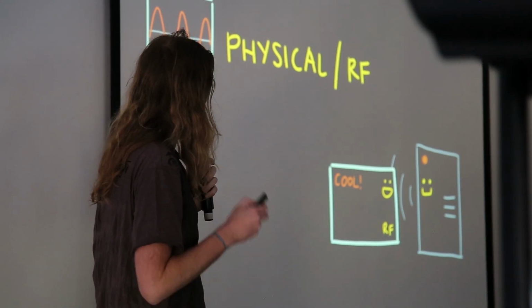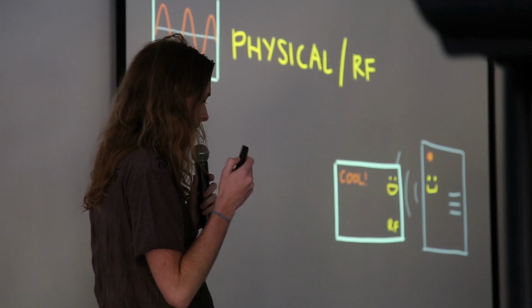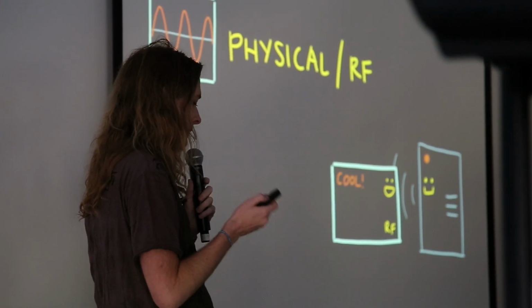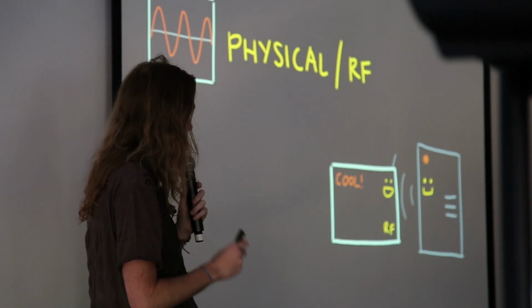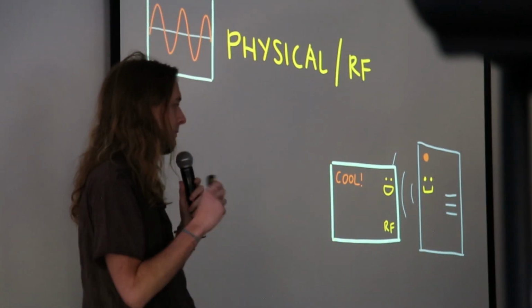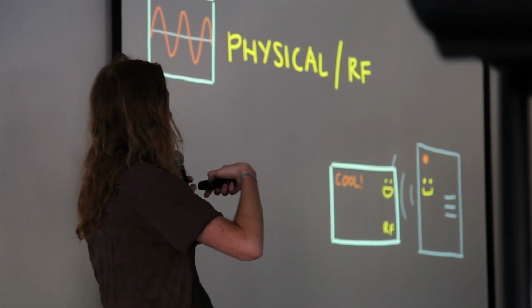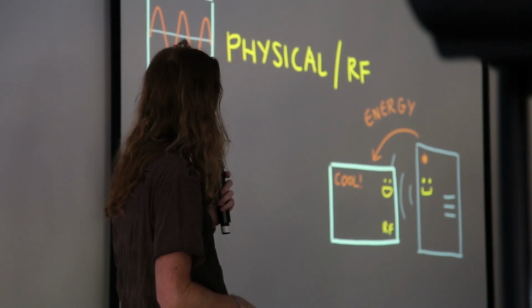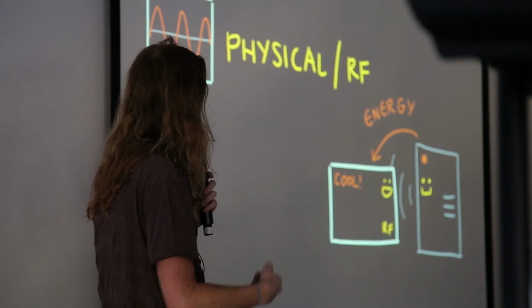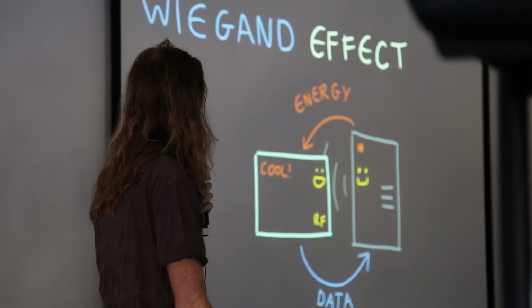It's an AC alternating field, and the card can inductively pick up that field with its own antenna, rectify it back into DC and smooth it, and then use the power transmitted wirelessly from the reader through that field to power itself up. So the reader's giving energy to the card, and in return the card's giving data back. This is the Wiegand effect.